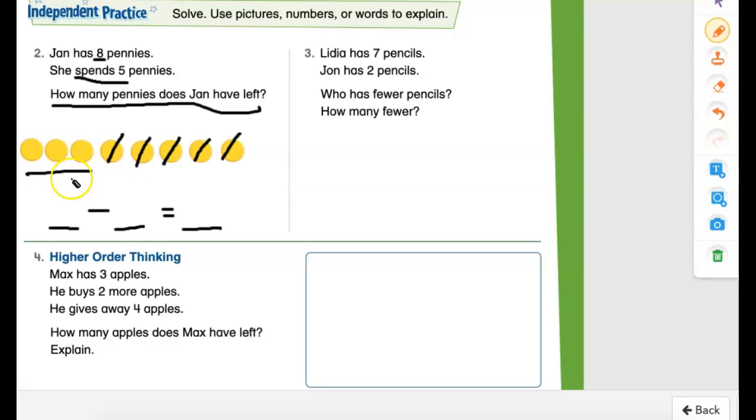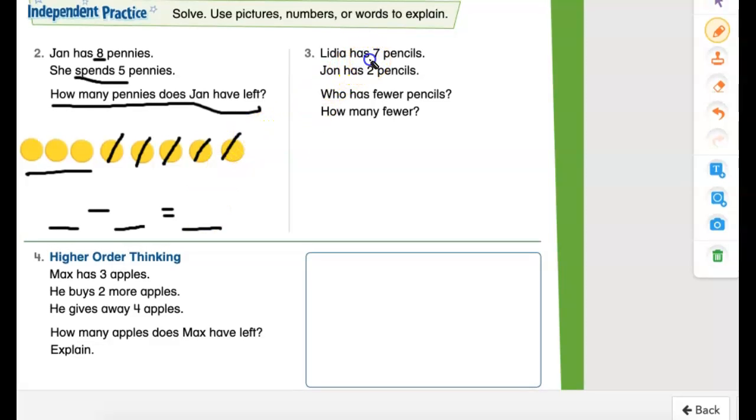So down at the bottom, you are going to fill in and write your own subtraction problem. So how many pennies total did we start with? Put that number here. How many pennies did we take away? Put that number here. And how many are we left with? And put that number right here.